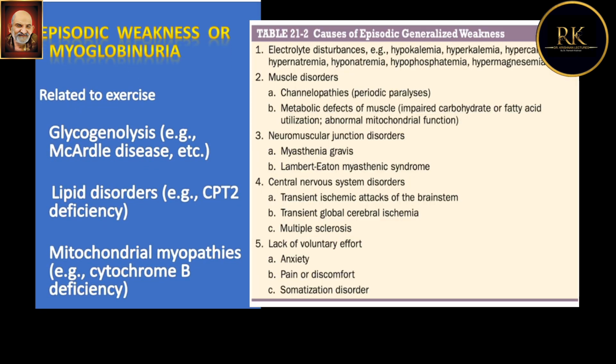If the patient presents with episodic weakness or myoglobinuria related to exercise, that is, myoglobinuria appearing after the patient performs exercise, the causes include glycogenolysis defects with McArdle's disease, lipid storage disorders like carnitine palmitoyl transferase deficiency, and mitochondrial myopathies in the form of cytochrome c oxidase deficiency.